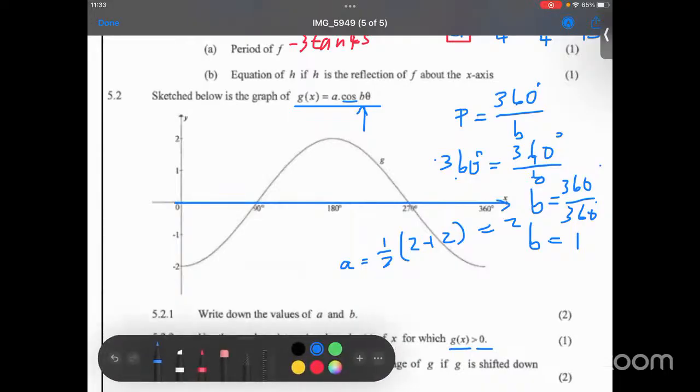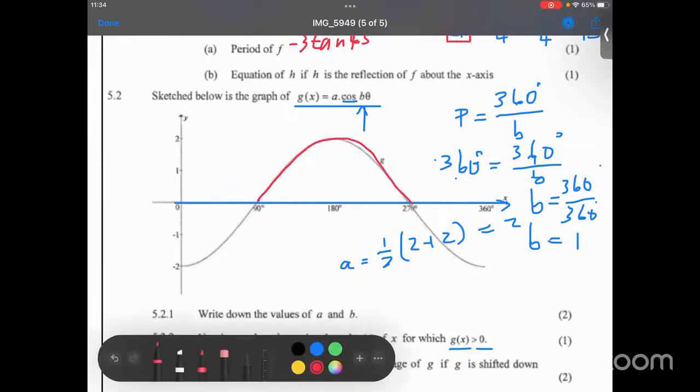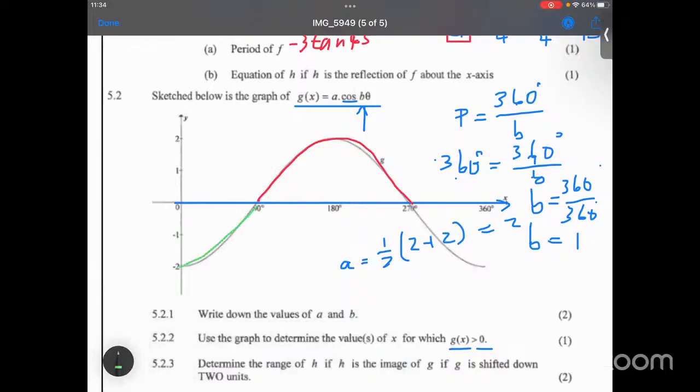So let me show you so that you understand. This section of the graph, it is above 0. But that section of the graph, it is below the 0 line.